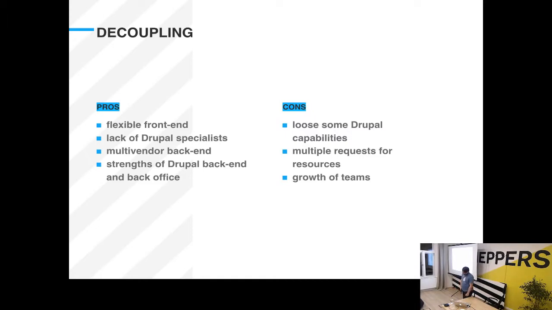And if you design the architecture of your application well, you can also use the strength of Drupal backend, and more importantly the back office. You should have a separated front-end application for visitors, and you can still use Drupal back office and Drupal backend for editors.